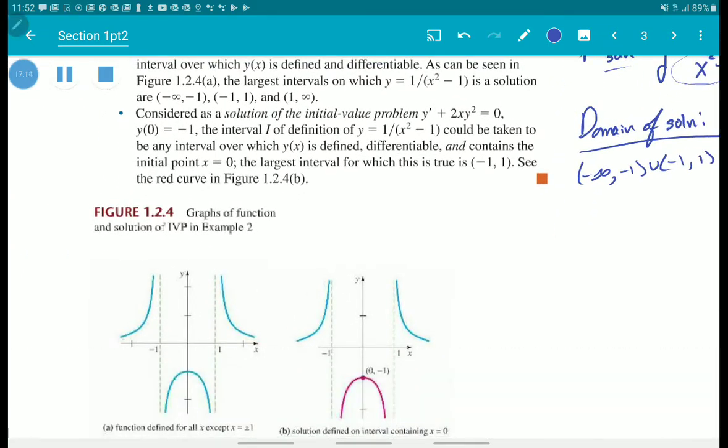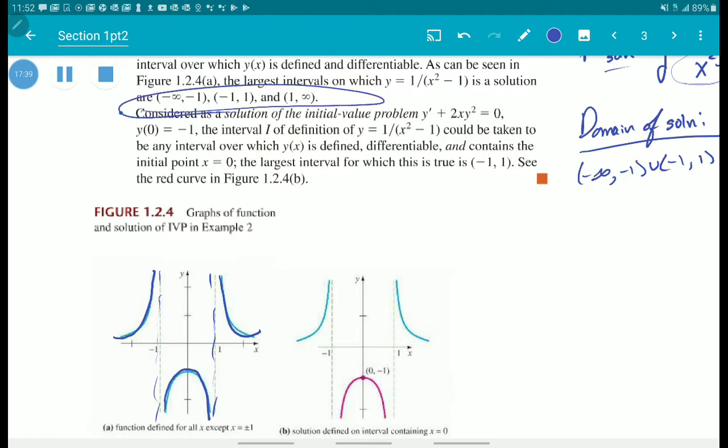So remember, differential equations, when we talk about the solution, it has to be defined on a continuous interval. Well, we are not continuous from -infinity to infinity. We have vertical asymptotes in here. So when we talk about the interval for this solution, it would be this piece, and then it would be this piece, and then it would be this piece.